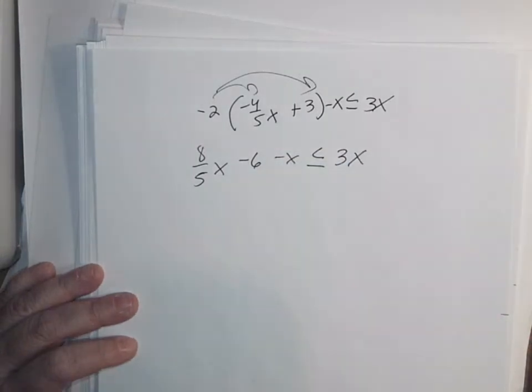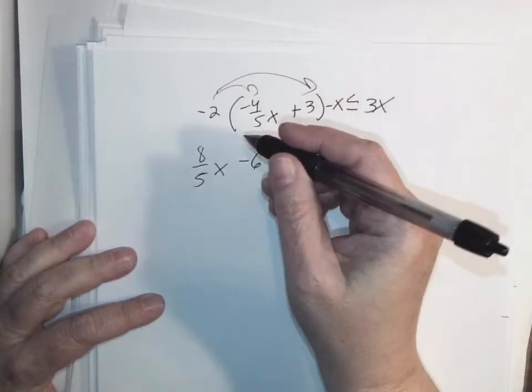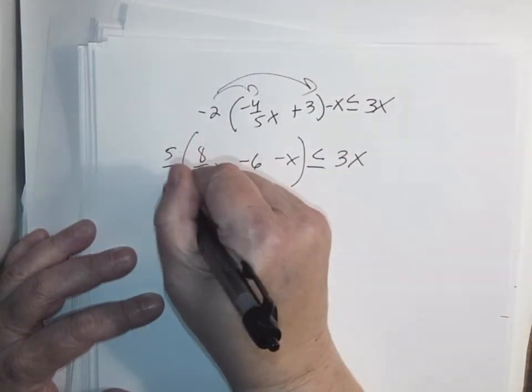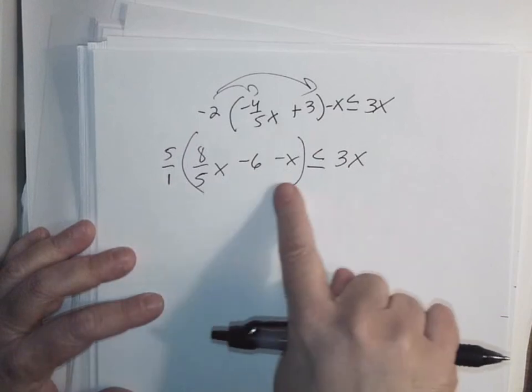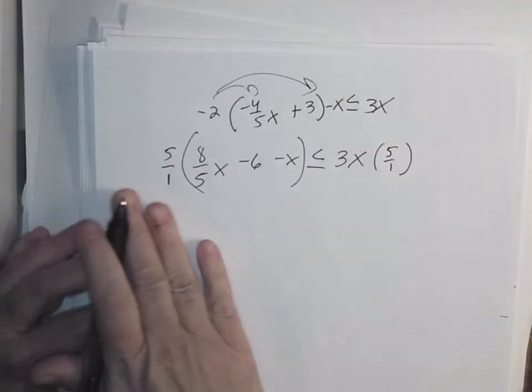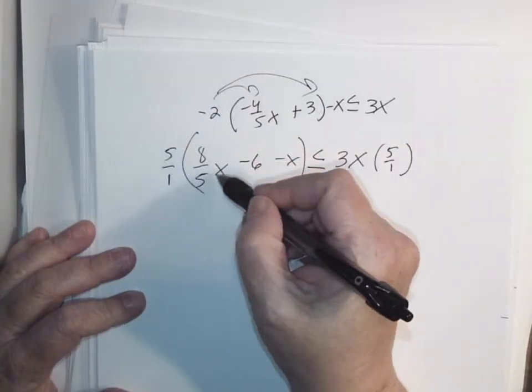What I'm trying to do is eliminate this fraction. And so what I'm going to do is multiply everything by 5 over 1. And what I do to this side, I also need to do to this side because I'm multiplying everything by 5. And by doing that, I'm going to be able to eliminate that 5 in this fraction.